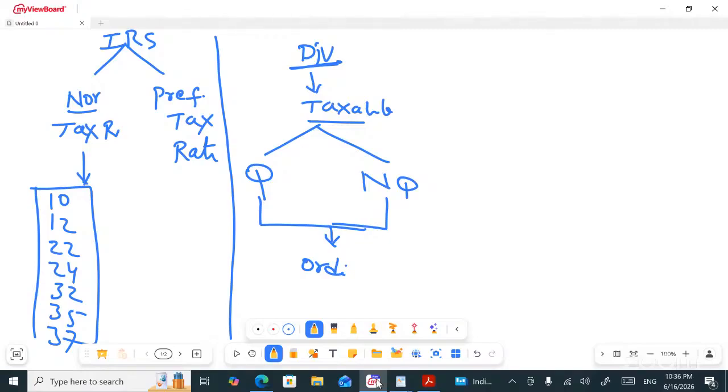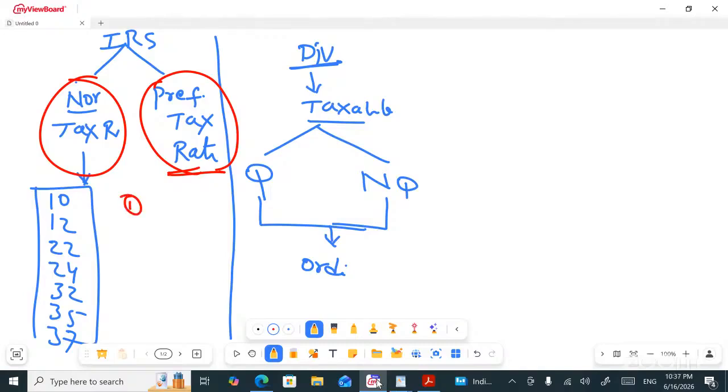The general answer is that all incomes of any taxpayer are subject to these normal tax rates only. But certain types of income which are specifically given in the Act itself have special tax rates, meaning preferential tax rates are applicable. Up to a certain limit the rate is 0%.